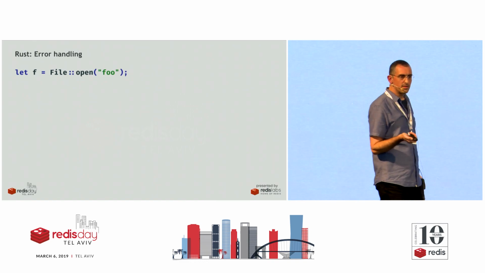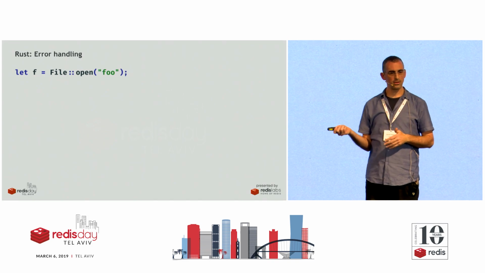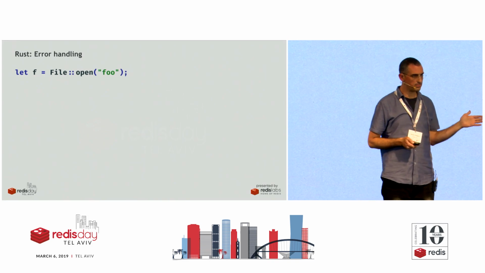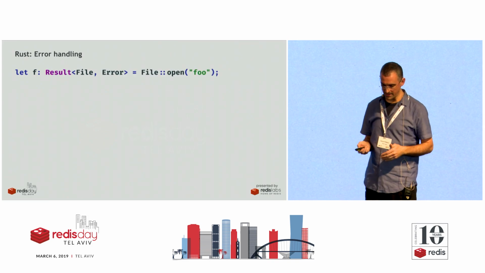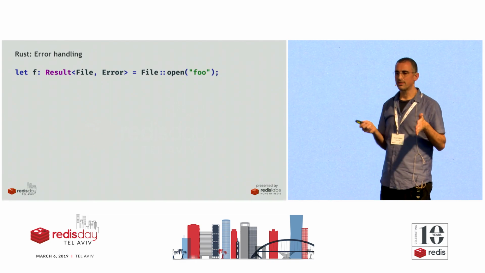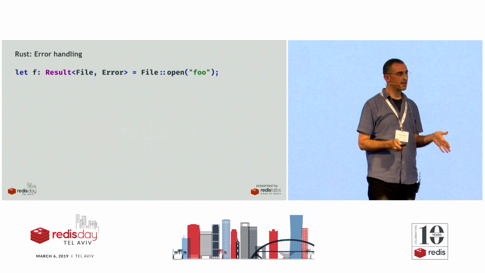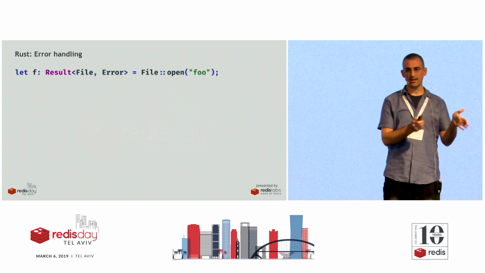In Rust, we neither return an error code nor do we throw an exception. We use a sum type, as I said, the best thing in Rust. The sum type we use is a built-in generic sum type in the standard library. It's called Result. And a Result has two values it can have.